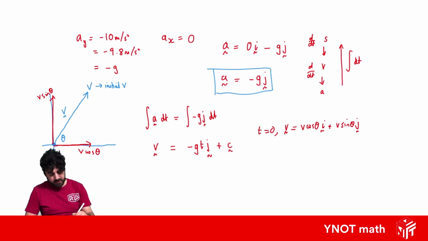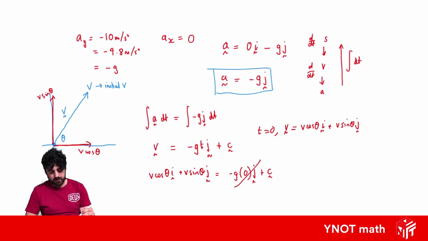So let's sub those in. When t is 0, our velocity vector is v cos theta i plus v sine theta j, and that equals minus g times t, which is 0 at the beginning, times j, plus our constant vector.